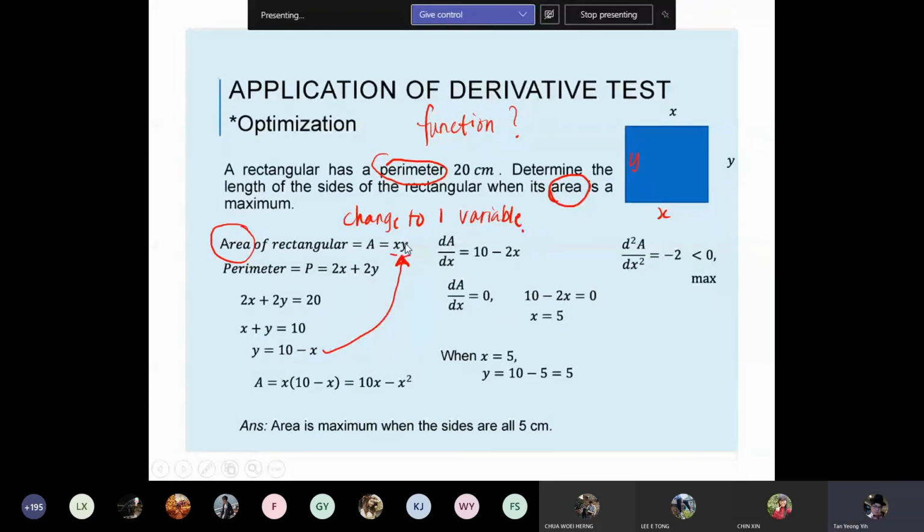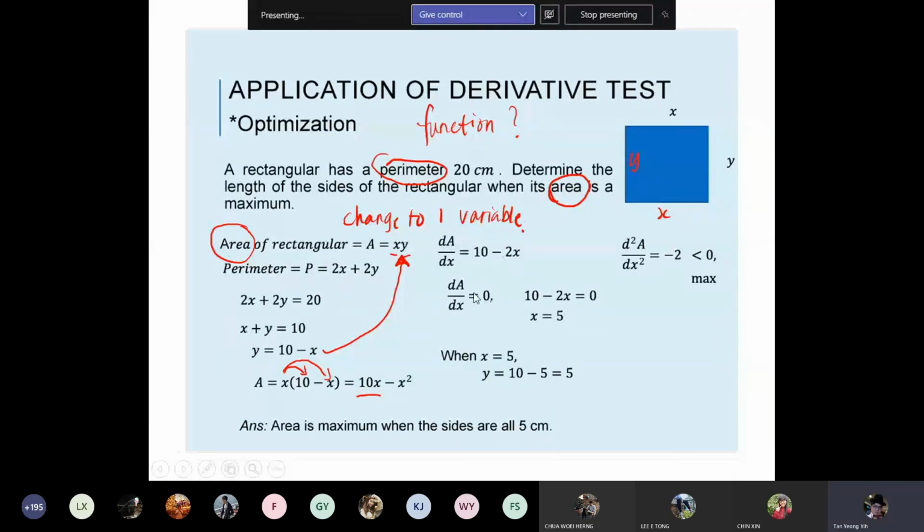Now you can see we have only one variable, which is the x. So the area is 10x, and when we expand, minus x squared, one variable only now. So from here we can differentiate. Differentiating 10x gives 10, and differentiating x squared gives 2x.